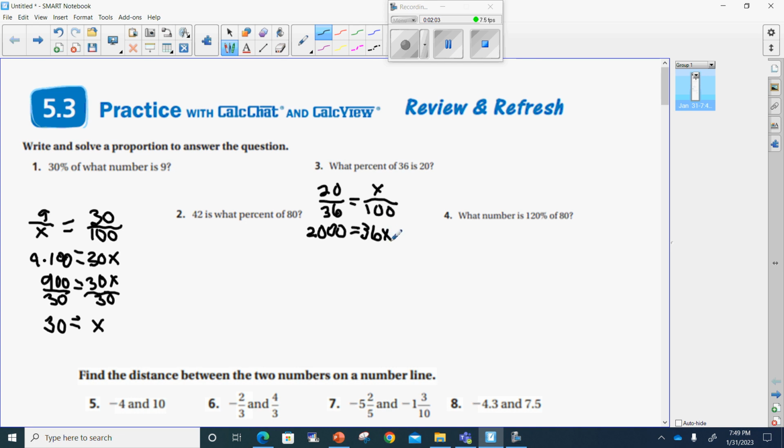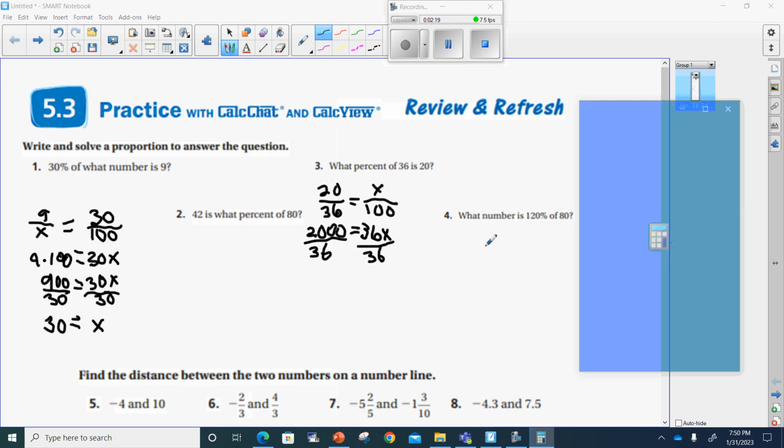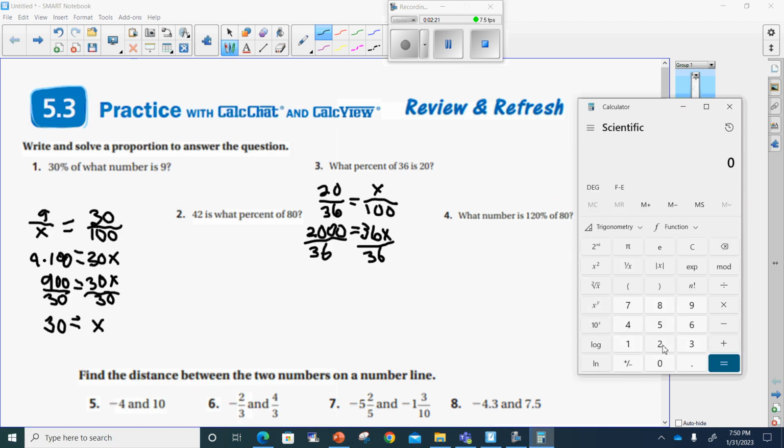Now I got to get x by itself. I'm going to divide 36x by 36. Whatever I divide from one side, I divide from the other. I got to figure out what is 2,000 divided by 36. I think I'm going to get my calculator, help me out a little bit here. And 2,000 divided by 36 is equal to 55.5 repeating.